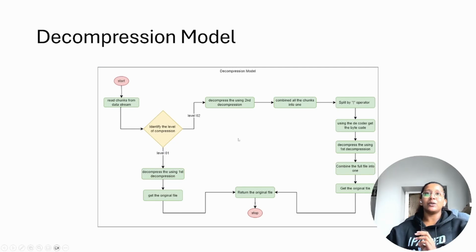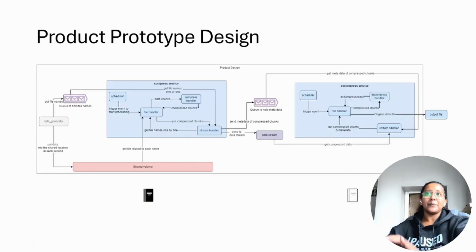So now it knows the level of compression of each chunk. Then the file handler passes the original output file to the outer world.